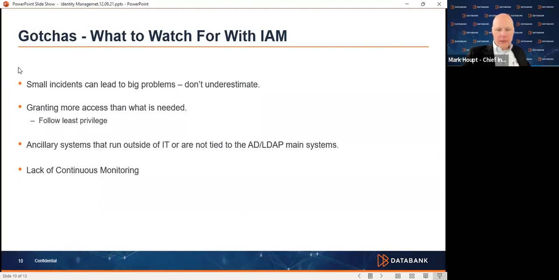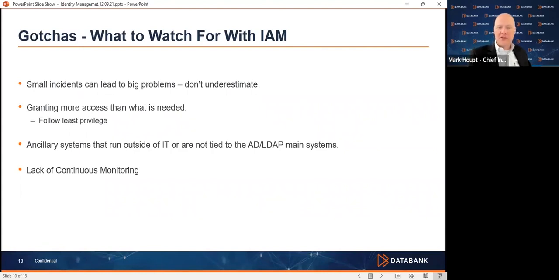Another gotcha that we have to look out for is what I call the ancillary systems. We talked about directory services earlier, and these directory services are designed to say, hey, we're giving access to multiple systems. They're tied into that. They're passing tokens back and forth between one another. But these ancillary systems are the ones that don't tie to your Active Directory or your LDAP, your directory services. And so they have individual user IDs or individual credentials and authenticators.